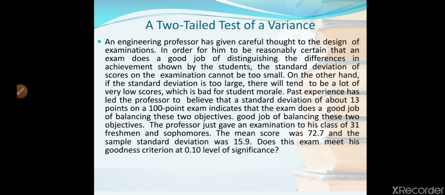It should not be more than this, or too much less than this. So the given hypothetical value of population standard deviation is 13, sample standard deviation is 15.9 and sample size is 31.